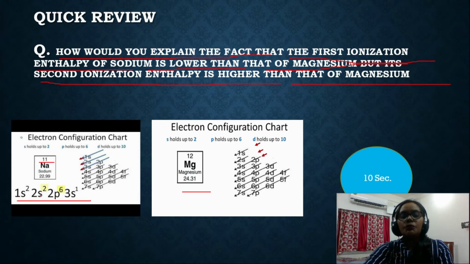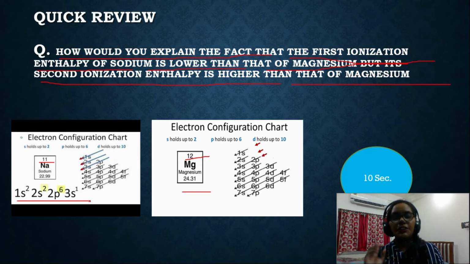For magnesium, with 12 electrons, that means 1s2, 2s2, 2p6 and 3s2. So magnesium has a fully filled shell. The 3s orbital has 2 electrons, that means a fully filled shell, right?